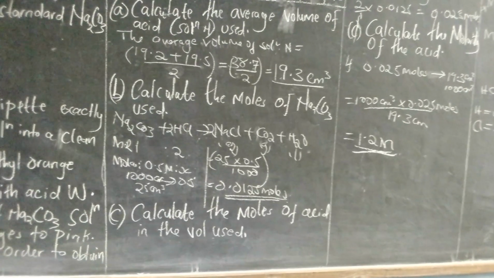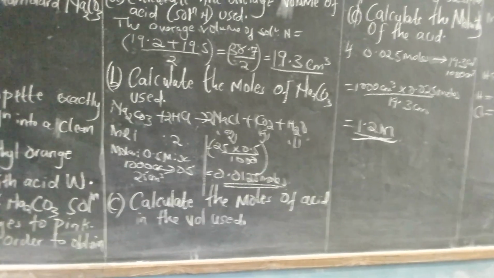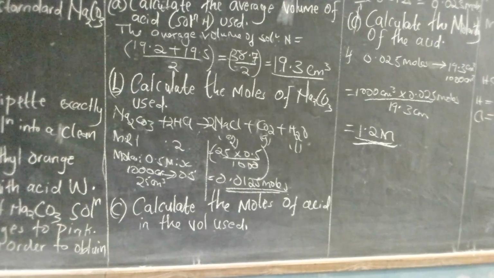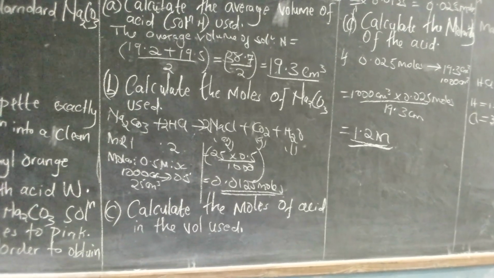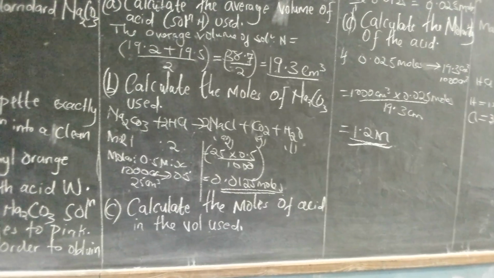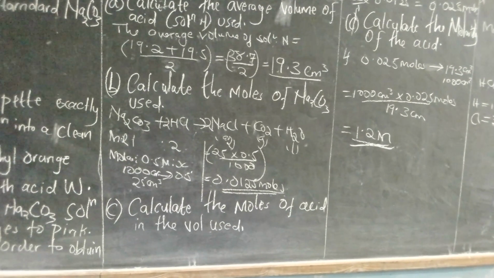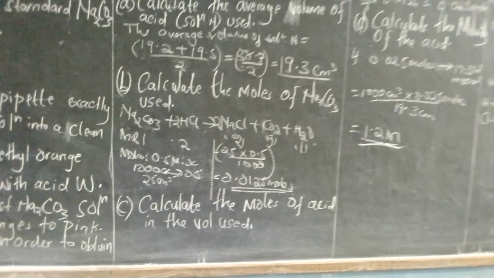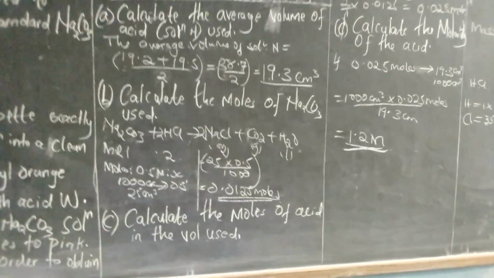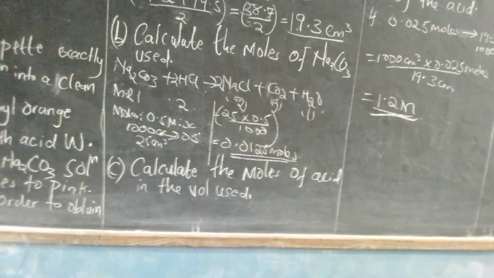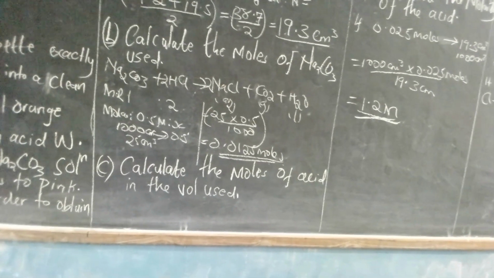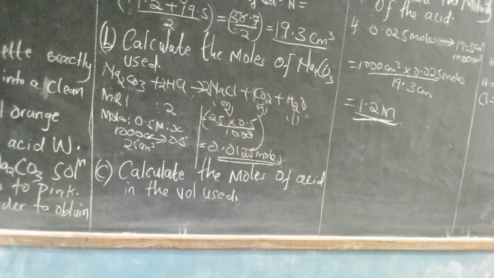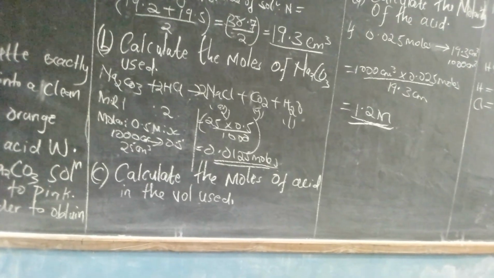So we cross multiplied and found the answer to be 0.0125 moles present in the sodium carbonate in 19.3 cubic centimeters. Calculate the number of moles of acid in the volume used.